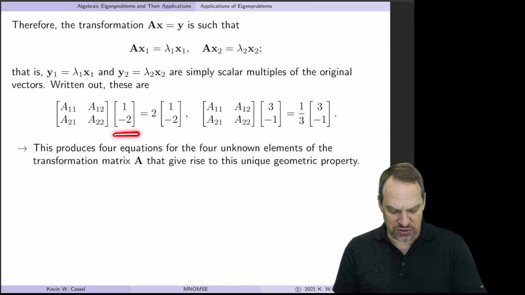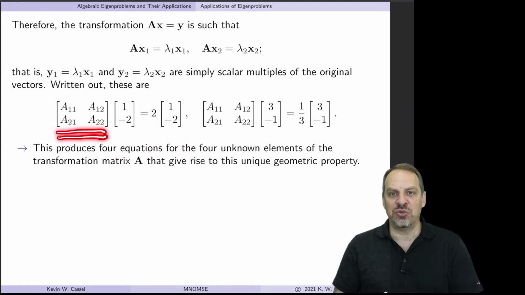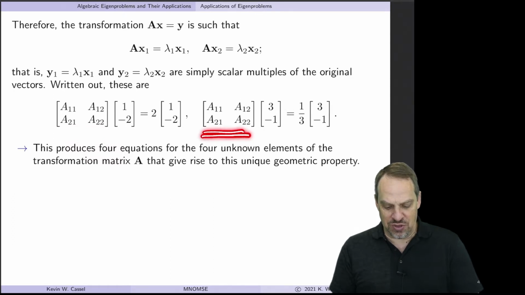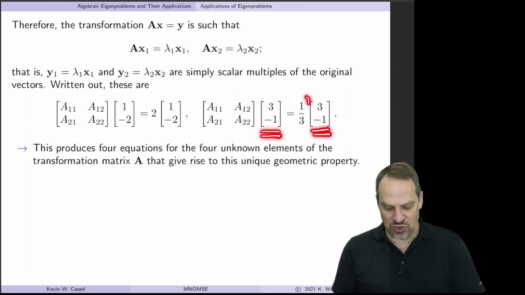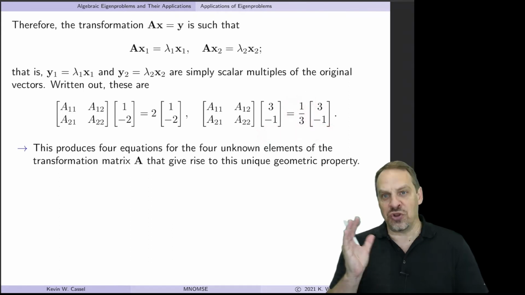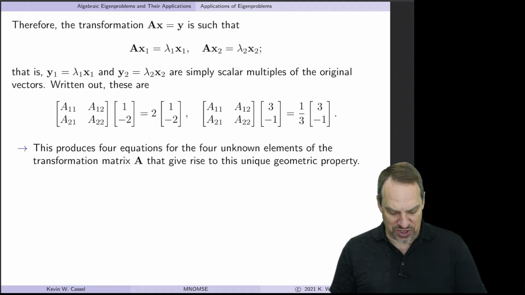Again, x1 gets transformed to x1 by the scale factor 2 here, and we're looking for the 2x2 linear transformation that accomplishes that stretching. We're looking for the same matrix A that also transforms this vector into itself with the scale factor lambda 2, or 1/3. And again, the argument is that these are somehow special, which we'll discuss in more detail.